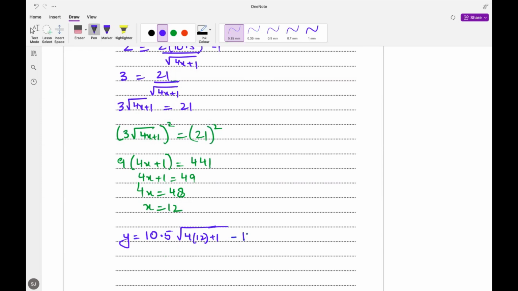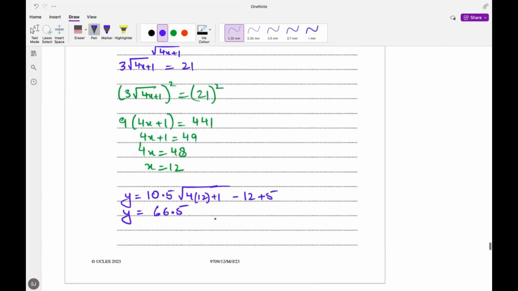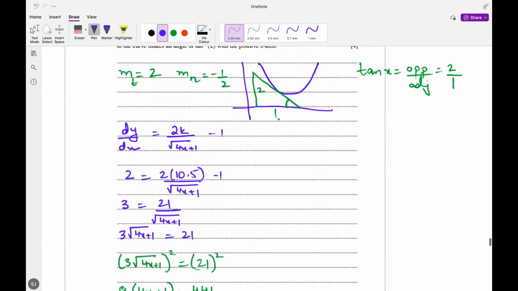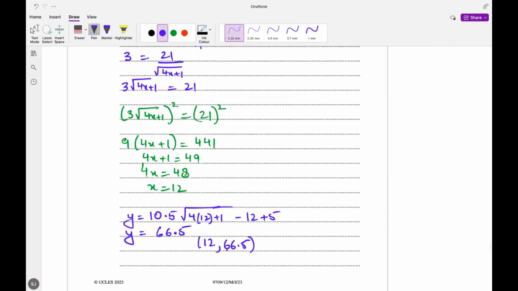So in place of x, again, we'll put 12 over here, plus 5. Substituting this value in the calculator, the y value will come out to be 66.5. So this point on the tangent is x equals 12 and y equals 66.5.